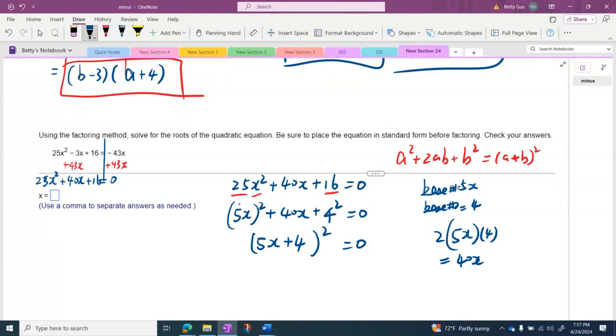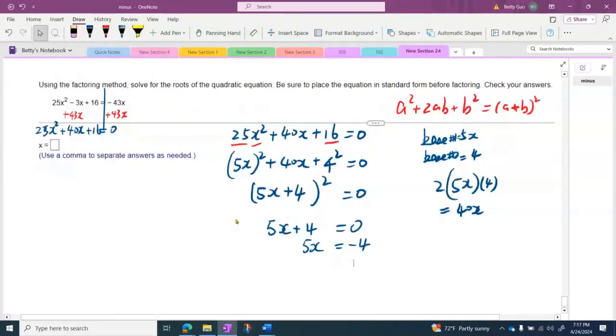So if we have a perfect square equals 0, the base has to be 0. Think about it: if the base is not 0, the base squared is not possible to be 0. So the base has to be 0. And then we're going to solve this equation. Move 4 over, and then divide by 5.